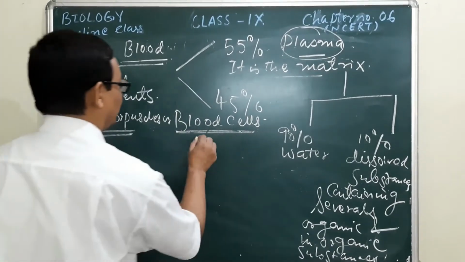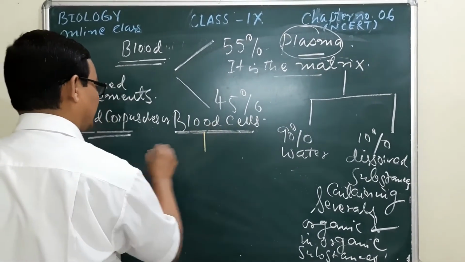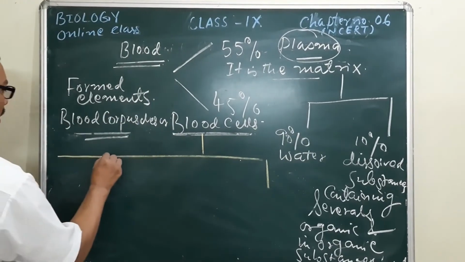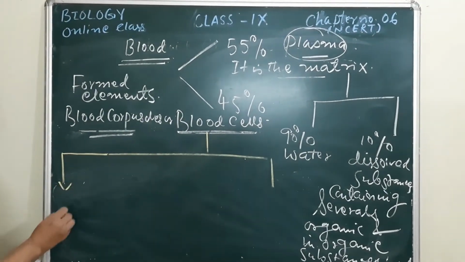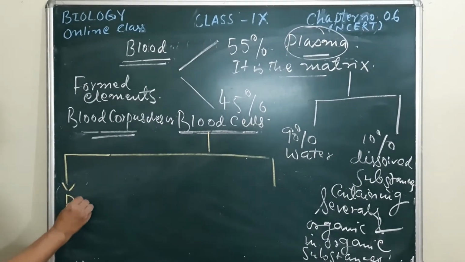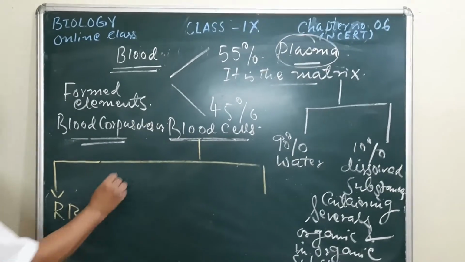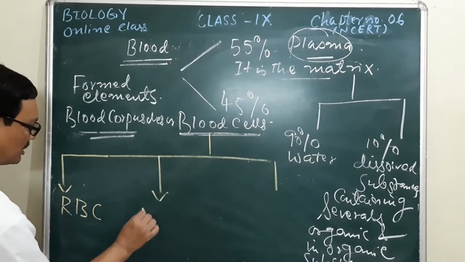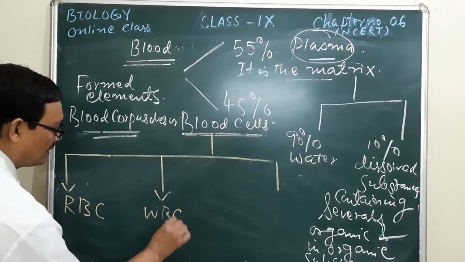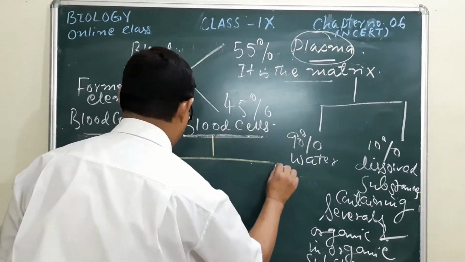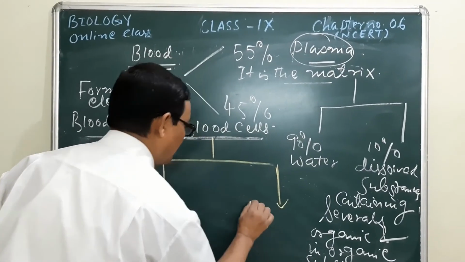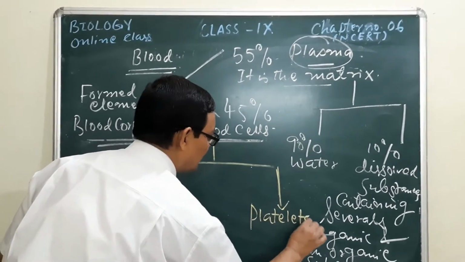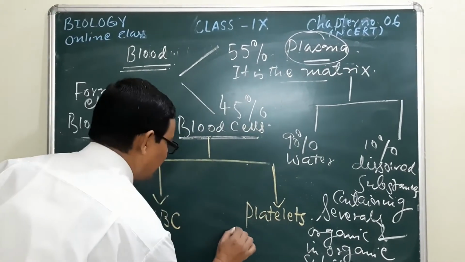These elements of blood, the cells of blood, are suspended within the plasma. Now, these blood cells are of 3 types: RBC, WBC, and the third one is the platelets or thrombocytes.